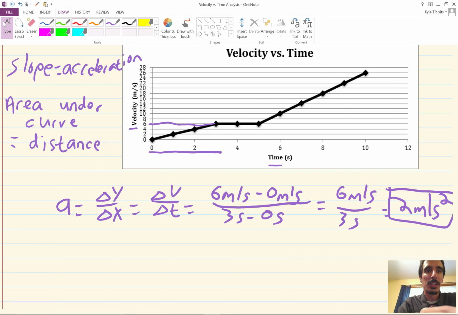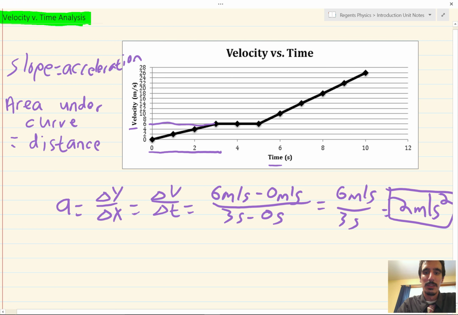Okay, let's look at the next time interval. This time, we're going from 3 seconds over to 5 seconds. The velocity here starts out at 6 meters per second and ends up at 6 meters per second.